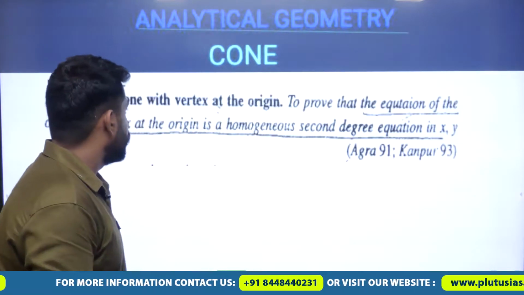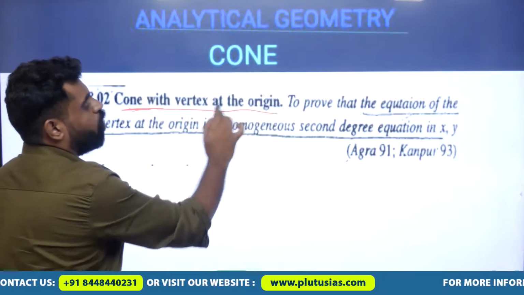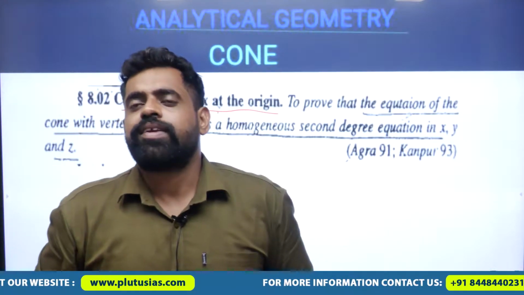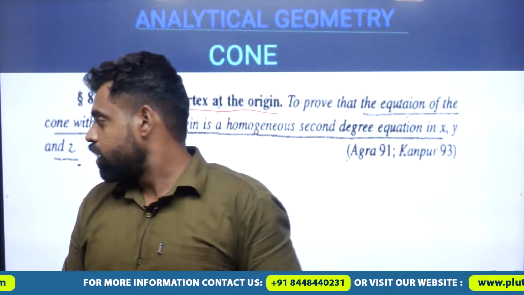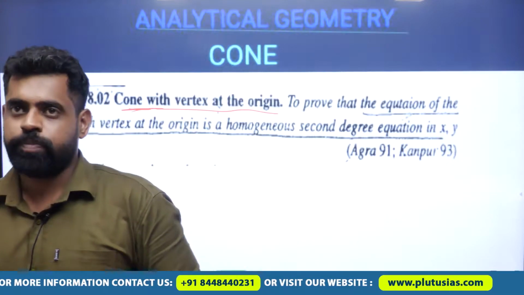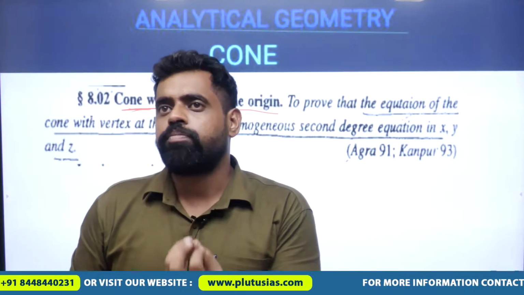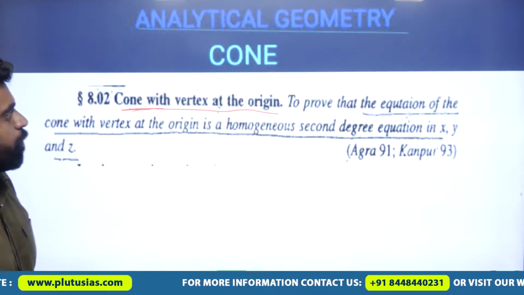Moving ahead, the first topic in our hand is cone with vertex at origin. For simplification, we'll first understand all the cones whose vertex is at the origin, that is at (0, 0, 0). A cone is a three-dimensional shape, so we'll take (0, 0, 0) as the origin.